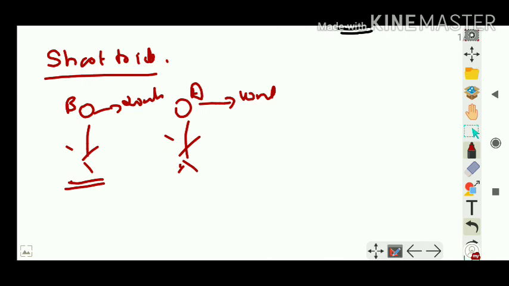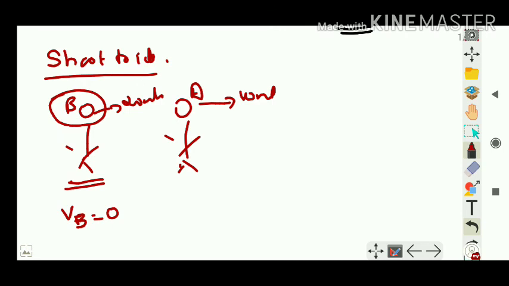Making B the reference means that initially I used to take the velocity of B with respect to ground and the velocity of A with respect to ground. Now I am going to make the velocity of B into 0.